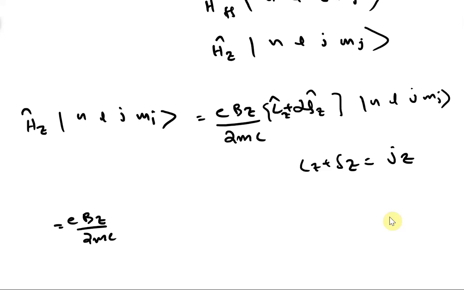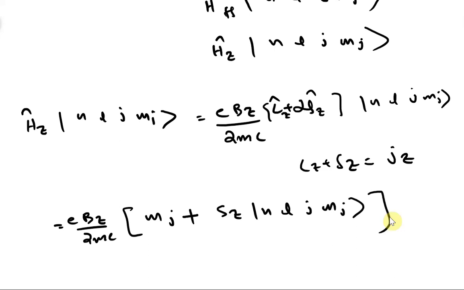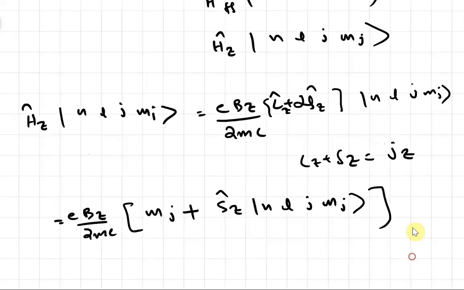So it produces m_j. This is common, so I'm putting it here: m_j plus another component, S_z, acting on this basis n, l, j, m_j. This is something we have to investigate. How do we calculate that?